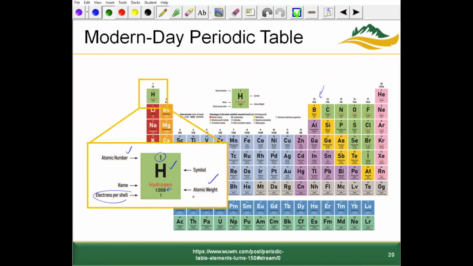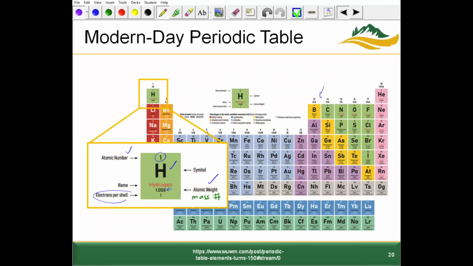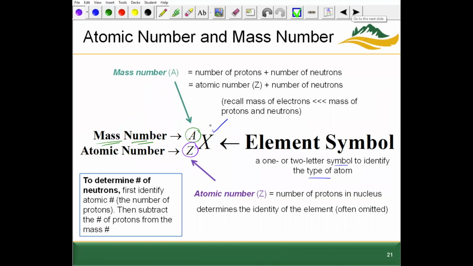Well, the atomic weight is the same thing as the mass number. So mass number was here, but then in this depiction, it's up here on the upper left. Also, very importantly, the atomic number is here. In this version, the atomic number was listed up here. Now recognize in this representation of elements, it's down here in the lower left.